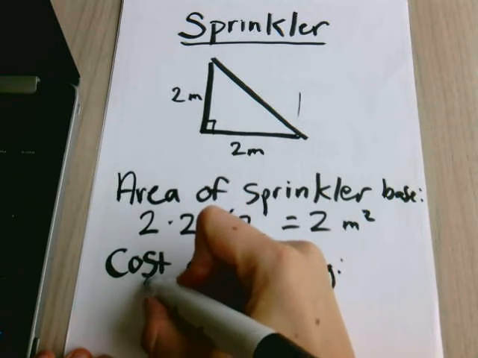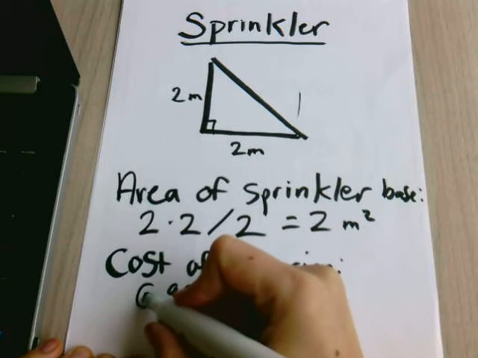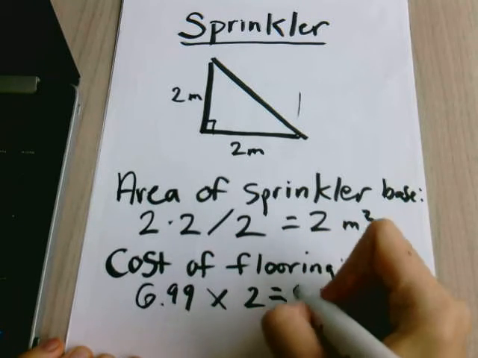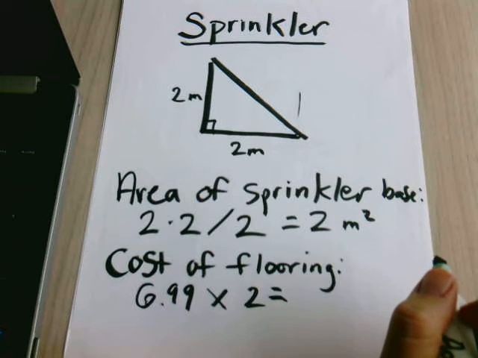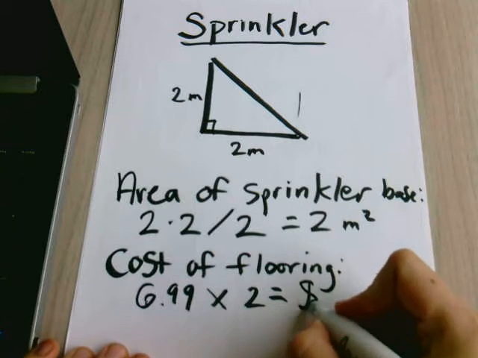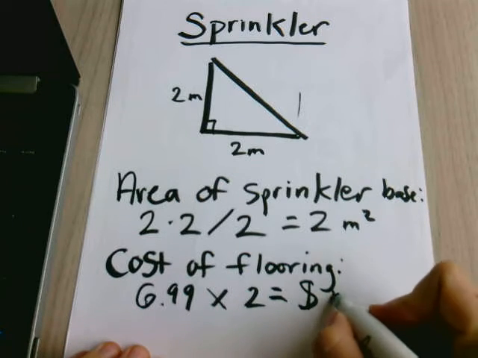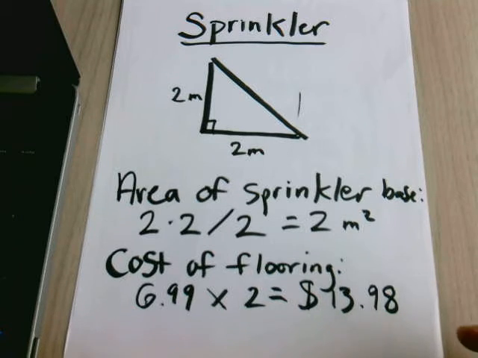So we're going to go $6.99 times 2. Take a second to solve that. If you got $13.98, you are right. We're almost done with the problem.